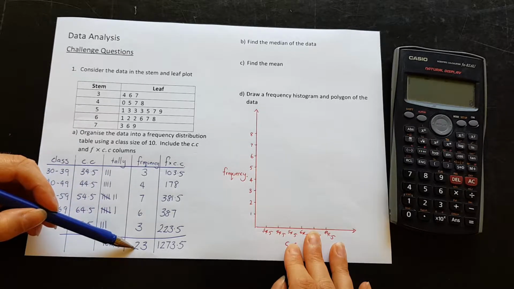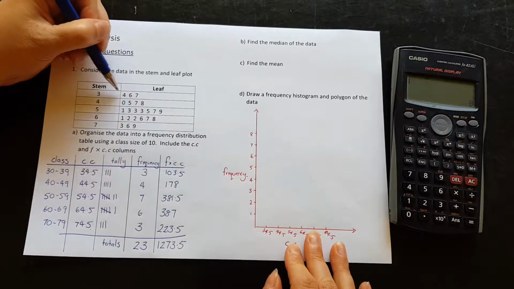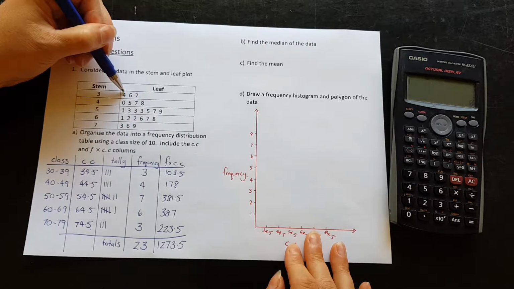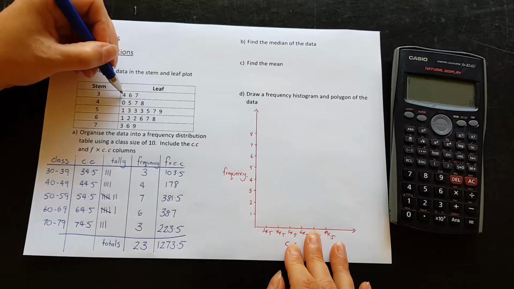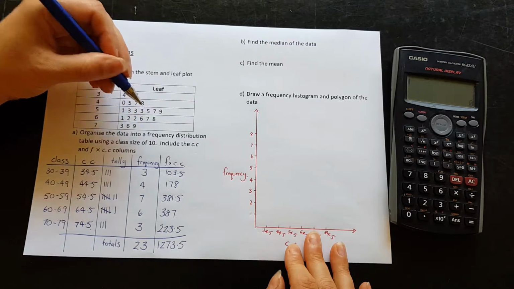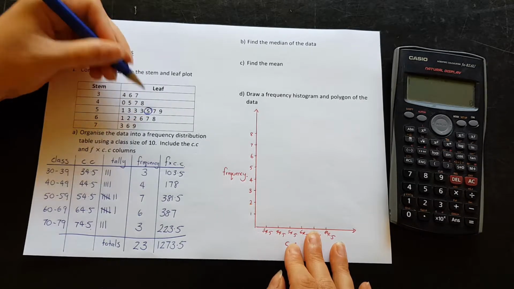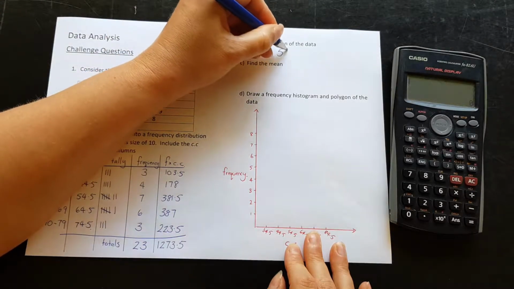So to find the middle of 23 numbers, we add 1 to get 24, and we halve 24, which is 12. So from the beginning, the first number, I'm going to count through and find the 12th number. 1, 2, 3, 4, 5, 6, 7, 8, 9, 10, 11, 12 is this one. So the median is not just 5, it's 55. The median is 55.